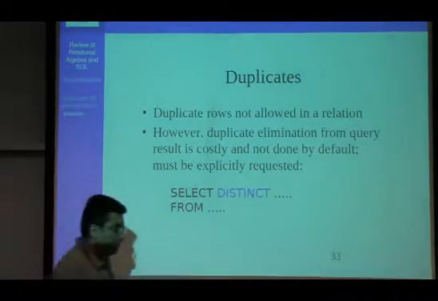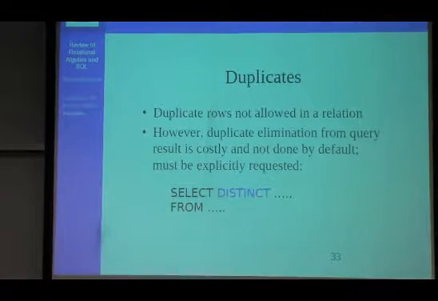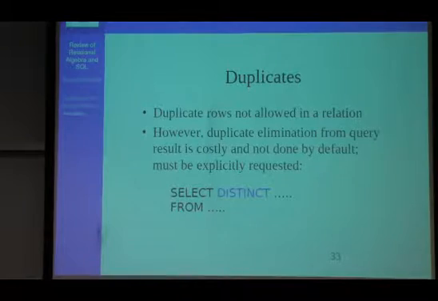The select by itself doesn't eliminate duplicates. Why? The first answer is maybe someone wants to see how many duplicates it has. But the correct answer is that removing duplicates from a relation is very expensive.